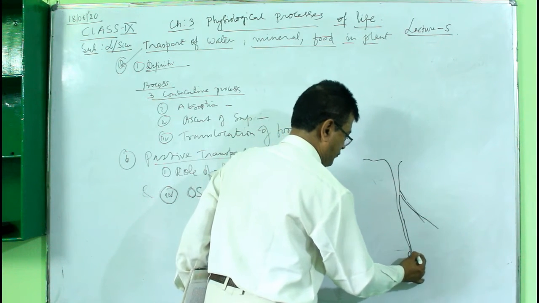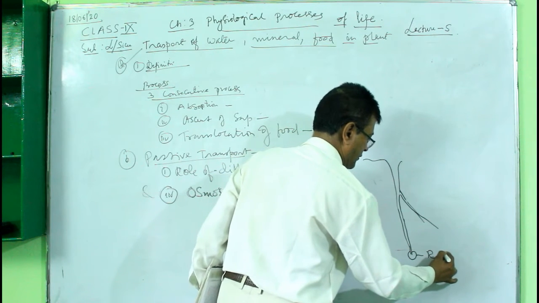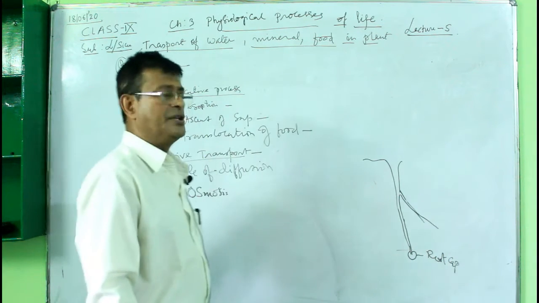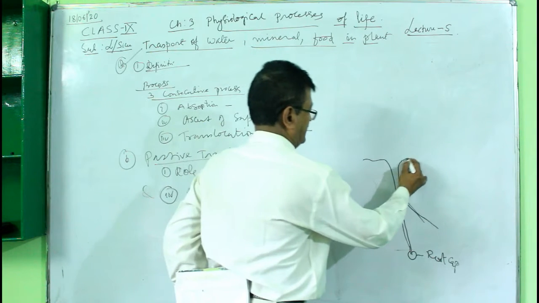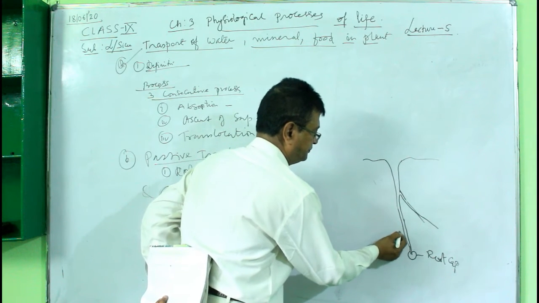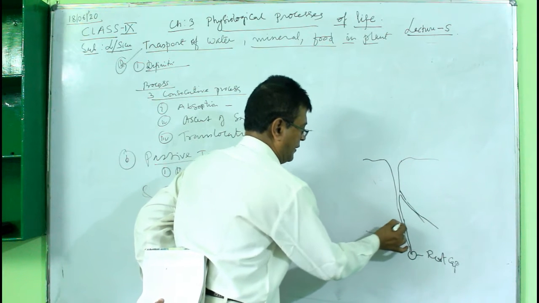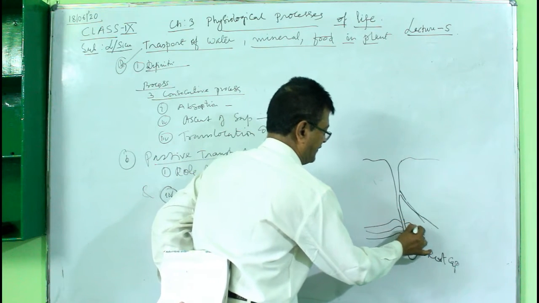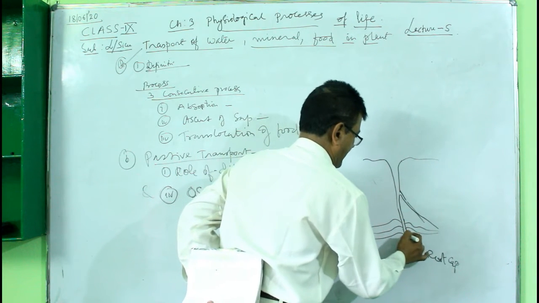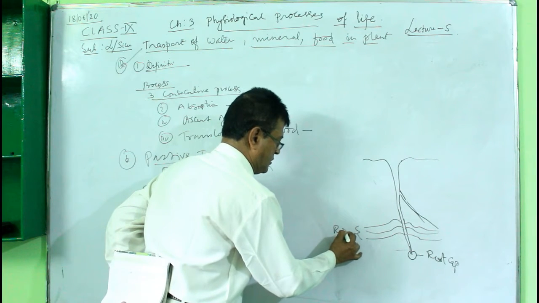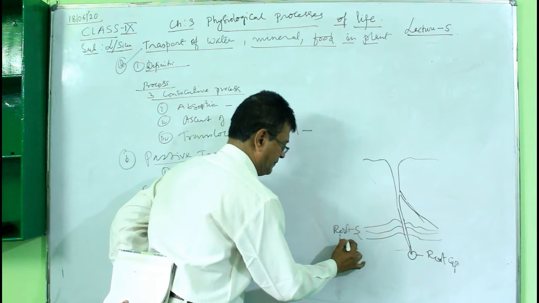And you see here is the cap, which is known as the root cap, and above the root cap there is a gap. After that gap there are a lot of hair-like structures. They are definitely unicellular and many of them are there. So these are known as the root hairs.